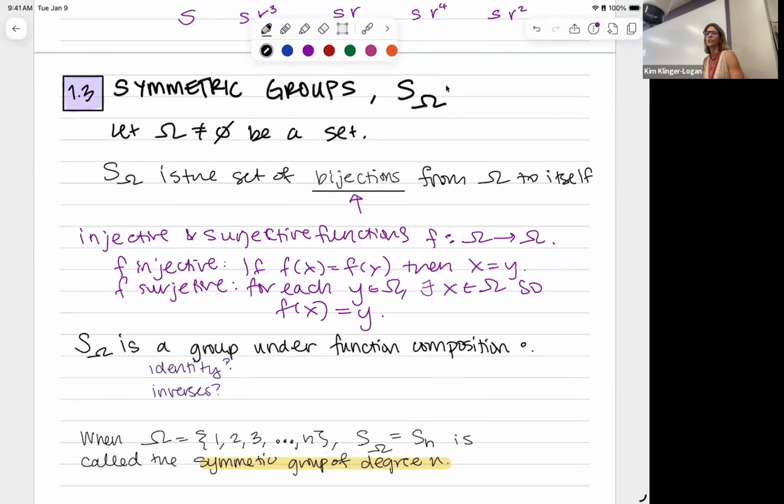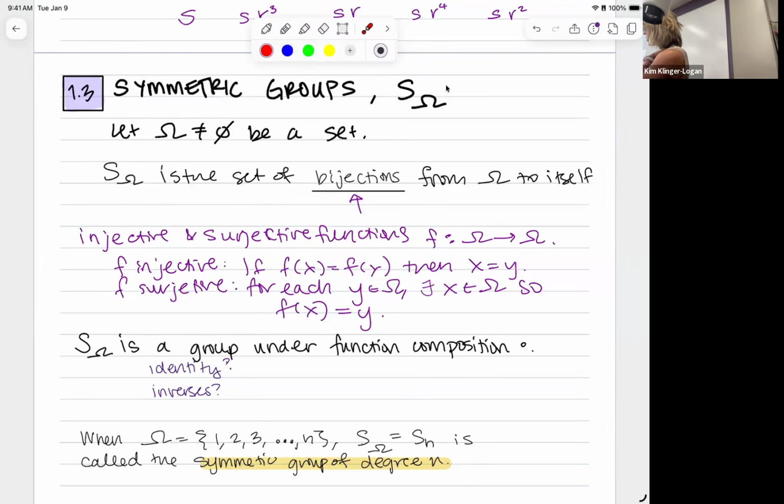Okay, we also introduced the idea of a symmetric group. And right now we started talking about the symmetric group on a set. So if we have a non-empty set, capital Omega, this thing is a capital Omega. So S sub Omega is the set of bijections from Omega to itself. Bijections are, of course, injective and surjective functions, right?